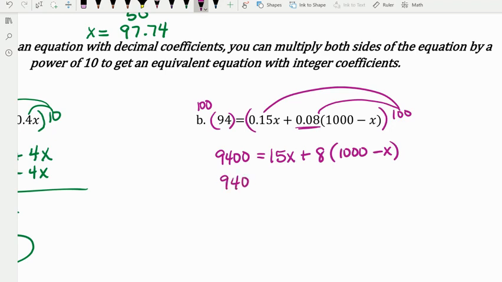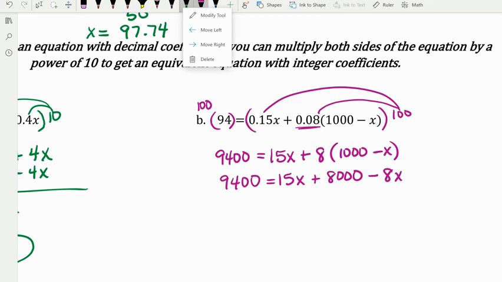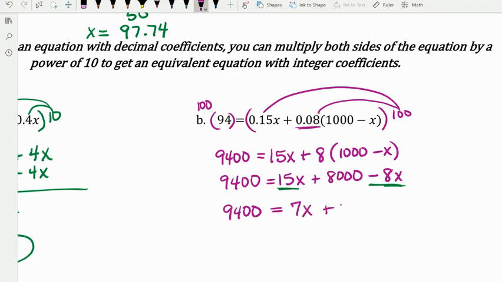So I'm going to start by distributing the 8 on the right side. So we get 8 times 1,000 is 8,000, minus 8 times x is 8x. I've got some like terms on the right side, the 15x and the negative 8x. So 9,400 equals 15 minus 8 is 7x plus 8,000.